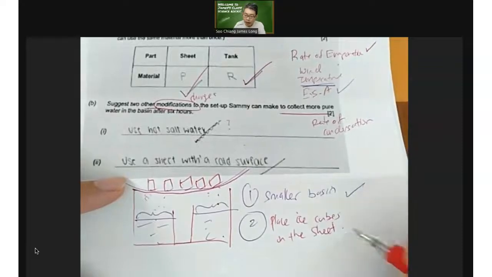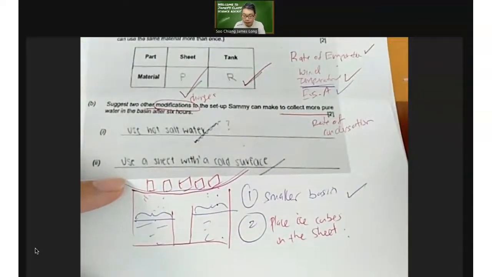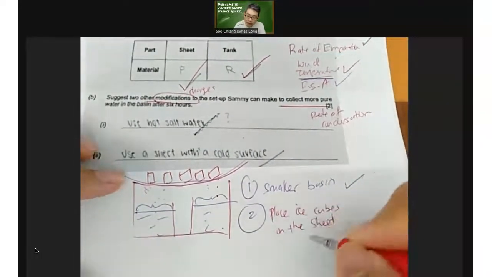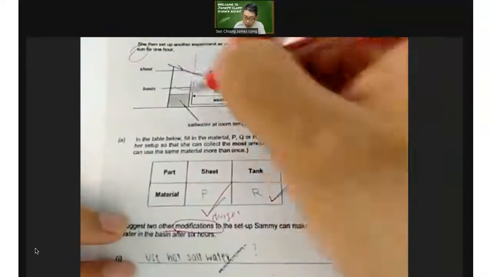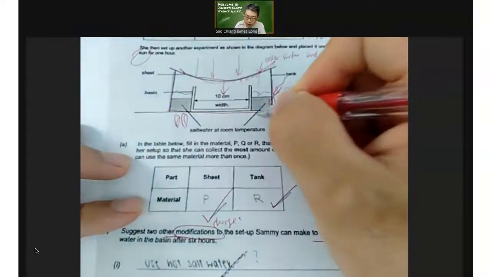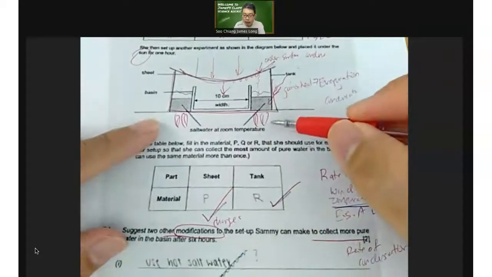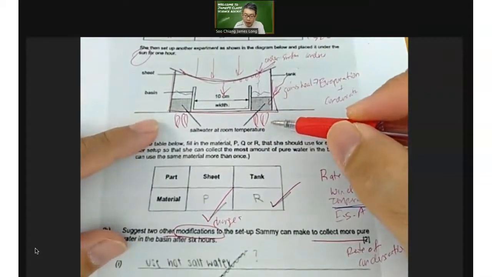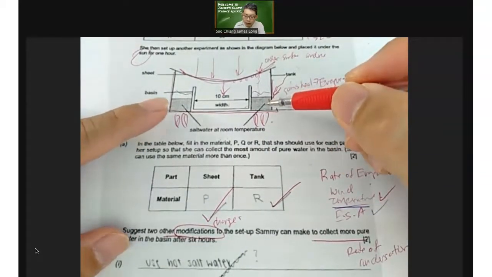Alright, and this is about changing the temperature. Or I can place the whole container, the whole tank, under a heat source here. So I try to increase the rate of evaporation by increasing the temperature.